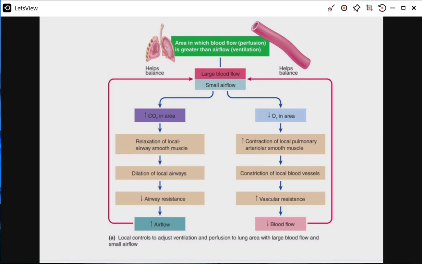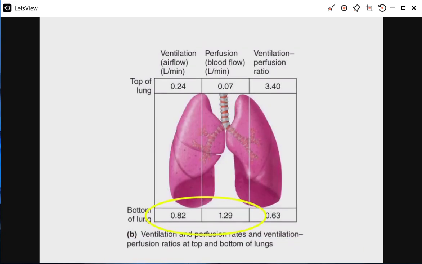Yeah, that makes sense. The last thing I want to point out is that not all inequities in ventilation have to do with the bronchioles themselves. Sometimes it's just about gravity. So when you are upright and you are breathing, gravity is going to push the air towards the bottom of your lungs.